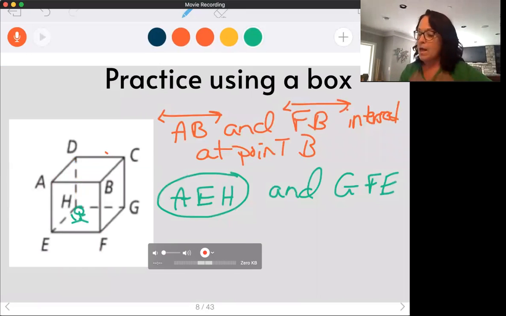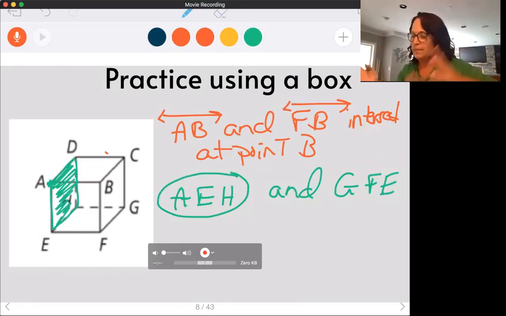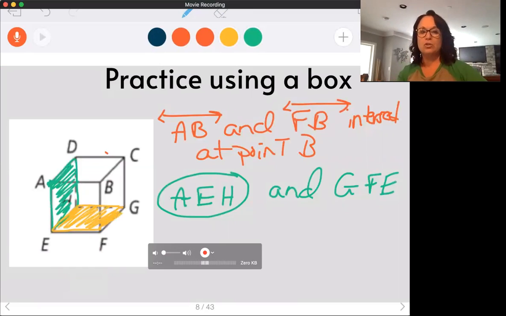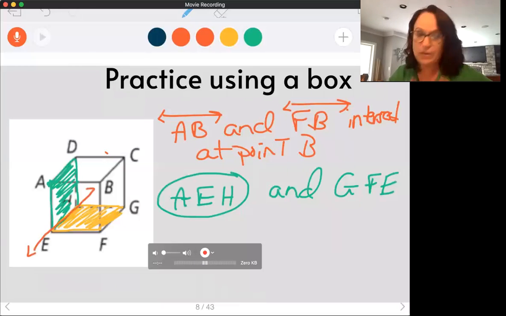That's such a great artist, am I, right? When I say AEH, I'm locking you in to the left-hand wall over here. And remember, it goes forever, actually, it's a slice of space. And when I say GFE, I'm locking you into the floor. So when I ask you for the intersection, you'll notice that that left wall and the floor intersect down here. And let's go take a look at EH now.